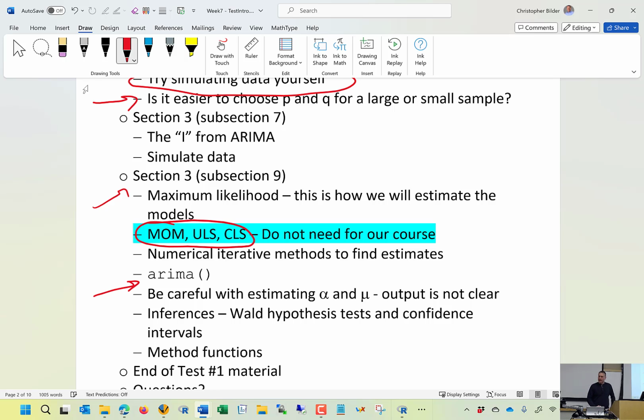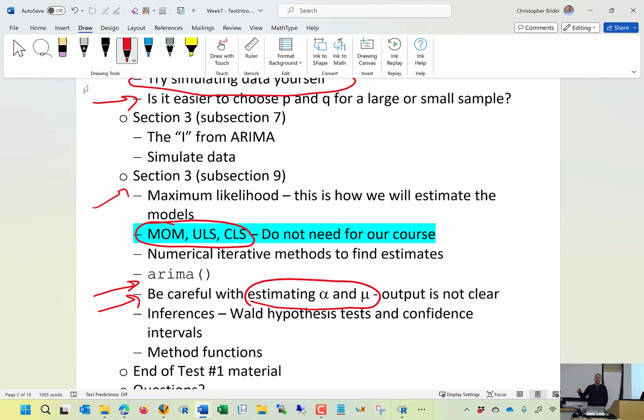Now, fortunately, there's a nice function in R called arima that automatically does this numerical iterative method for us to find the maximum likelihood estimates. Be very familiar with how to use that function and how to deal with the corresponding arguments in the function. As we go through the semester, we'll learn about more arguments that we can use with this function as well. Be very, very careful with estimating alpha and then mu.